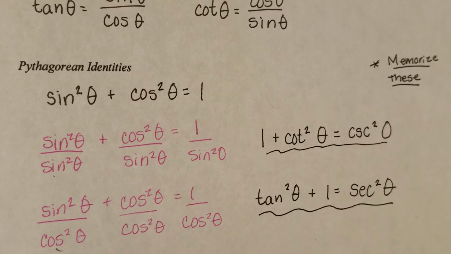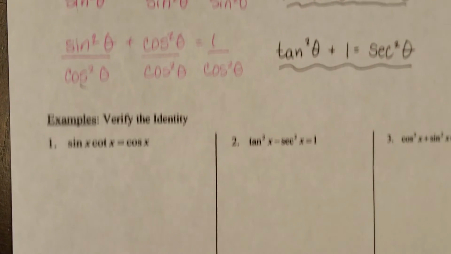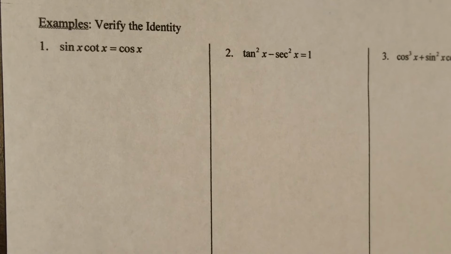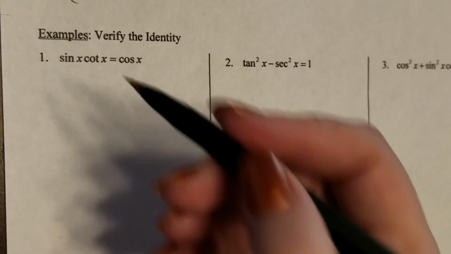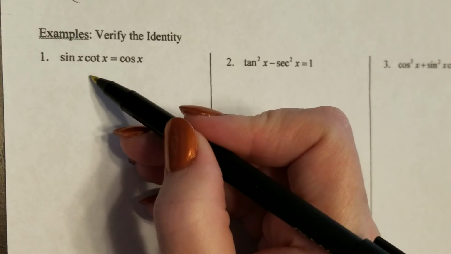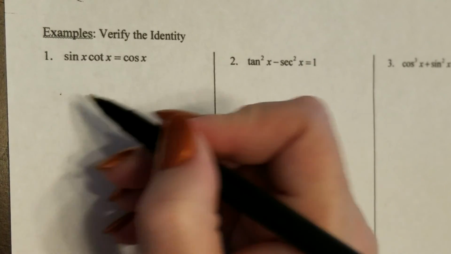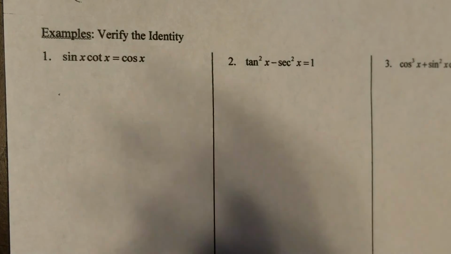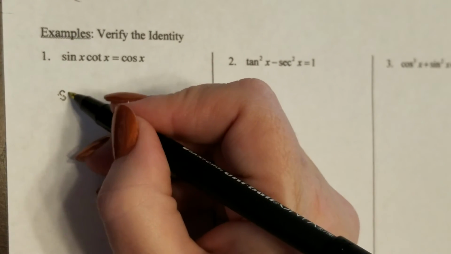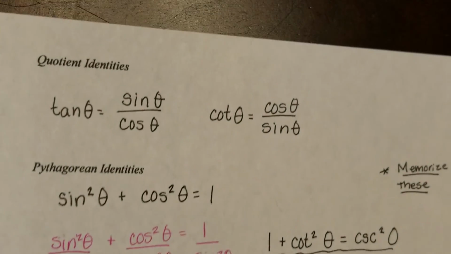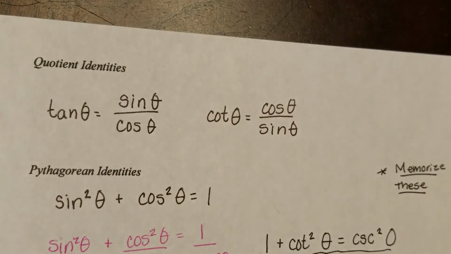All right, so now that we have our tools and we know what verifying an identity is, let's go ahead and do a few verifying the identities so that you can see what in the world I'm talking about. So we've got cotangent x times sine x equals cosine x. Well, I'm going to just write everything in terms of sine and cosine because I know how that goes. Cotangent, looking up here, is the same as cosine over sine.